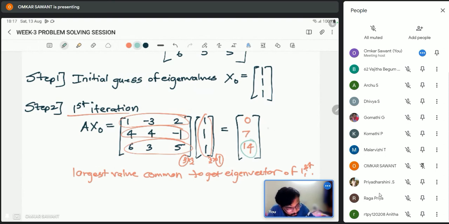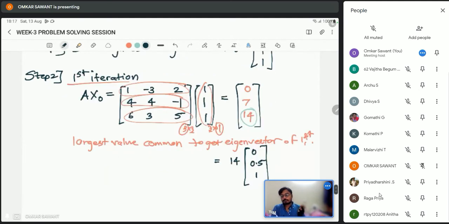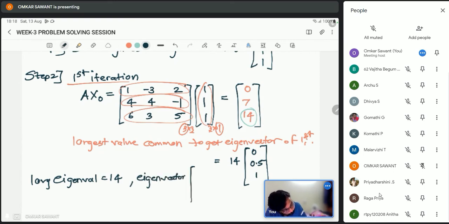What will we get? Right. This 14 is your largest eigenvalue, and its corresponding eigenvector is this. This is what we get after the first iteration.